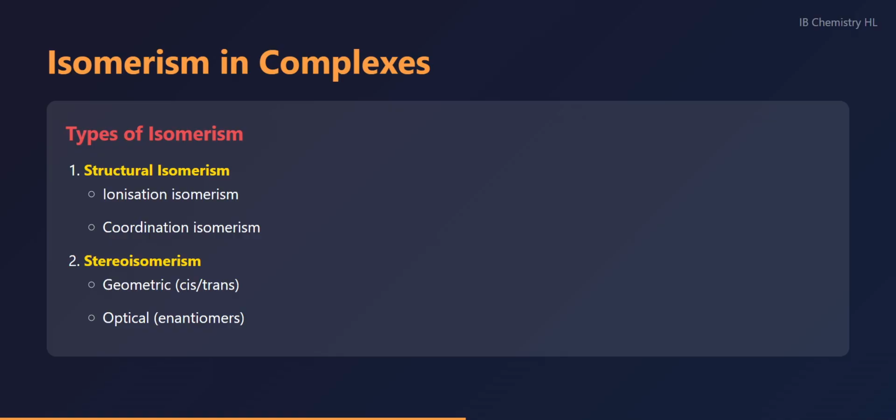Complex ions can show several types of isomerism. Structural isomerism includes ionization isomerism, where isomers produce different ions in solution, and coordination isomerism, where ligands exchange places between metal ions. Stereoisomerism includes geometric isomerism, which is common in square planar and octahedral complexes.